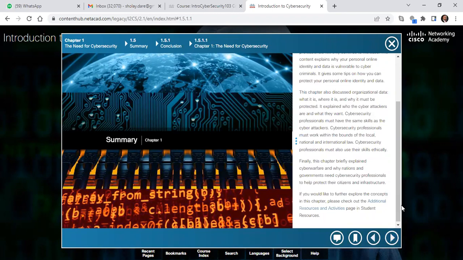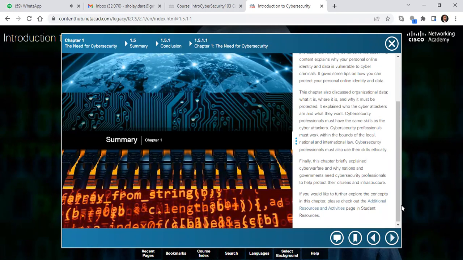It has also explained who the cyber attackers are and what they want. Cybersecurity professionals must have the same skills as the cyber attackers. That is the course you are going into. Like I always say, even if you have the skills of a cyber attacker, it doesn't mean you become a black hat. Please take note of that. A cybersecurity professional must work within the bounds of local, national, and international law.